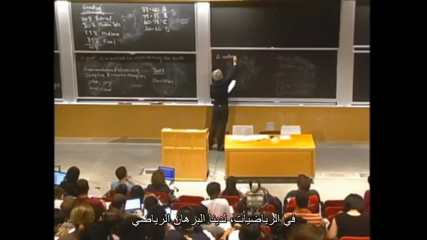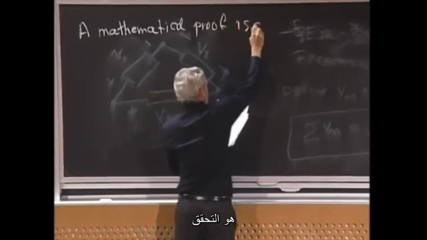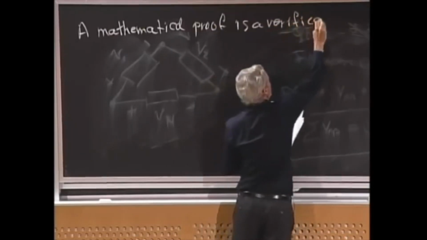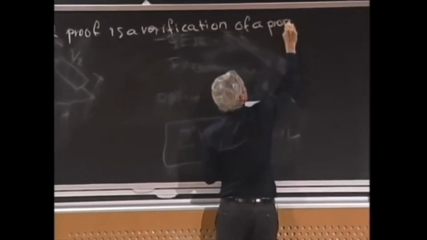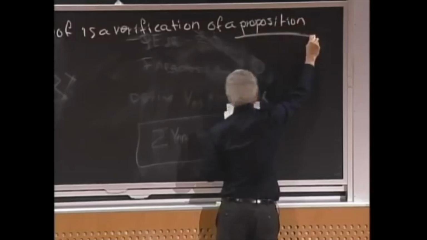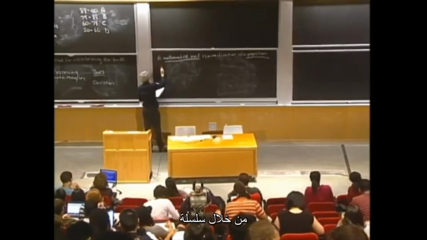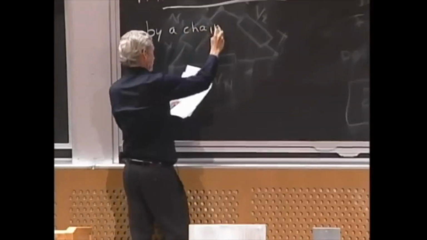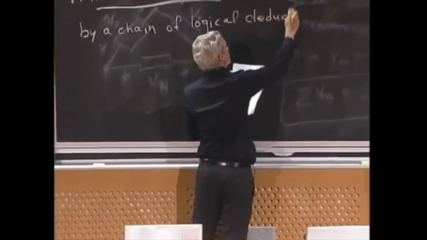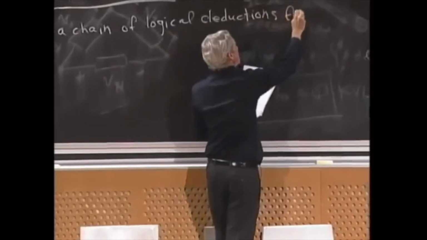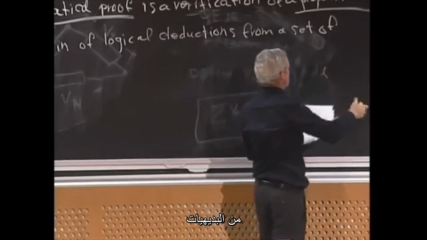In mathematics, a mathematical proof is a verification of a proposition by a chain of logical deductions from a set of axioms.